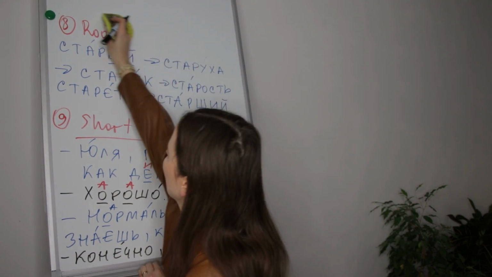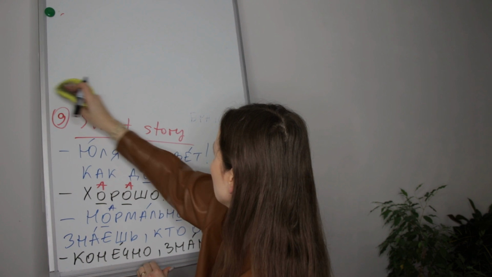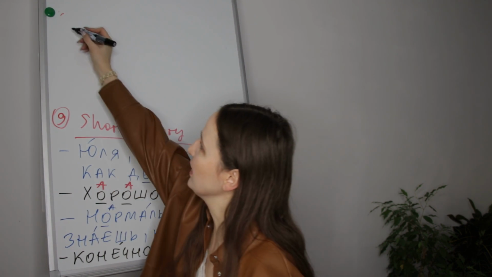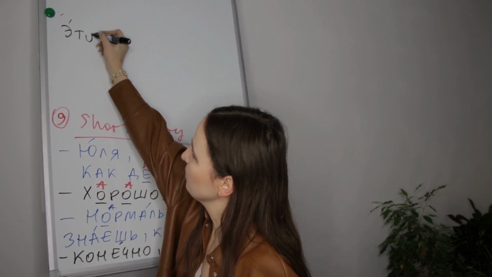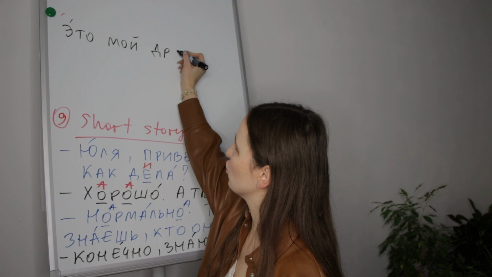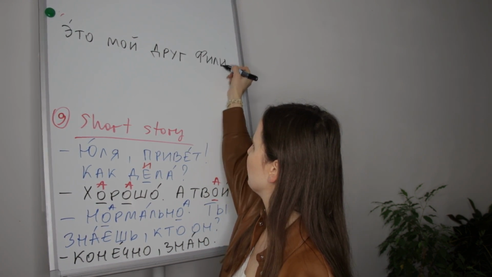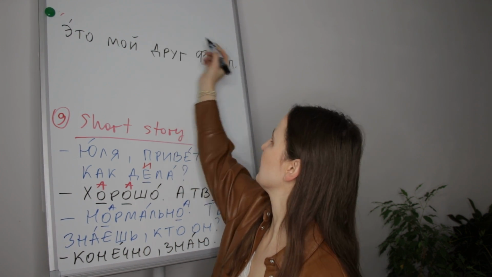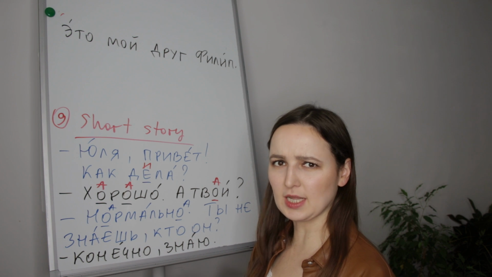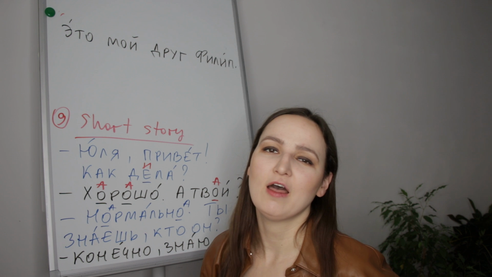Of course I know. Это мой друг Филипп. This is my friend Philip. Конечно, знаю. Of course I know. Это мой друг Филипп. This is my friend Philip.